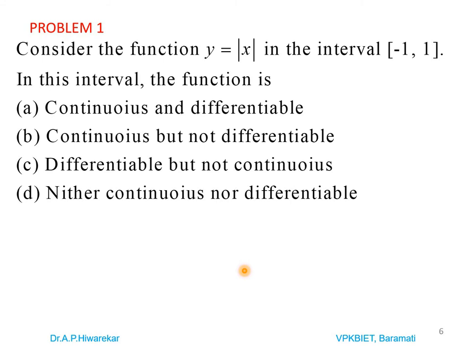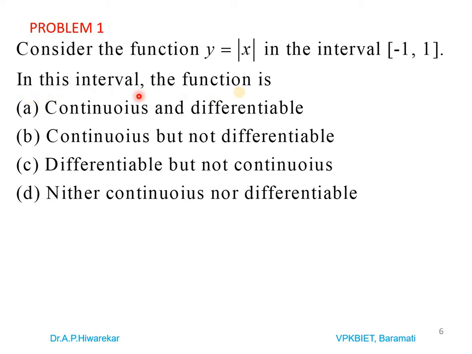Then we go to the problems based on differentiability and continuity. Problem number 1: consider the function y equal to mod x in the interval -1 to +1. All these problems I am taking from the GATE examinations only.